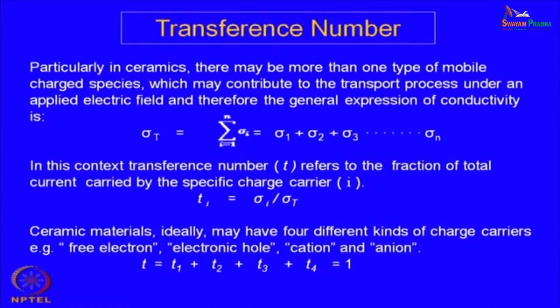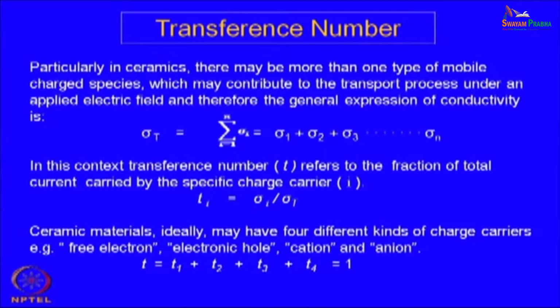Ceramic materials ideally may have 4 different kinds of charge carriers normally, that is the most probable type. One can have electrons, obviously, the free electrons will be there, some form of free electrons, may not be completely free, but it may be polarons and so on, we will come to that later.